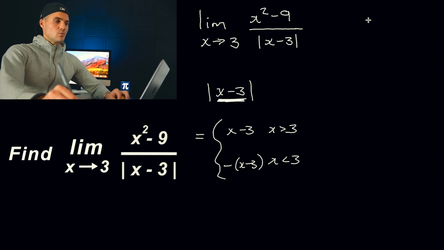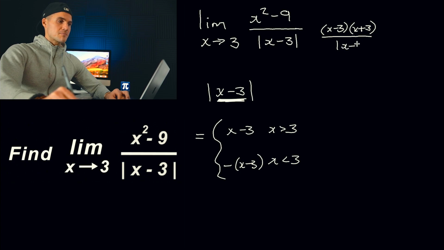So now what you actually want to do is incorporate this absolute value into this overall function. So let me think. I'm going to rewrite it over here. So first off, the x squared minus 9, we could factor that into x minus 3, x plus 3. And that's going to be over the absolute value of x minus 3.